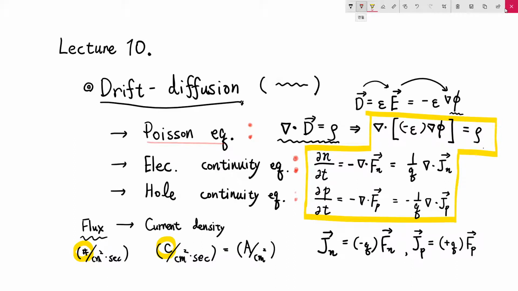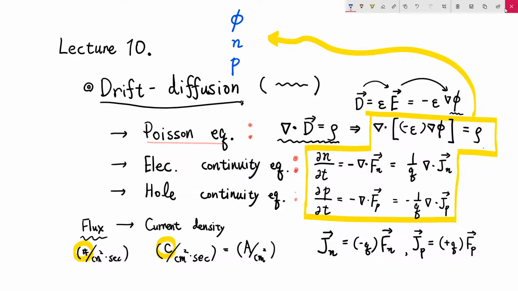For example, since the number of equations is 3, we have to consider 3 different unknown variables to make the system complete or determined. The usual choice is the electrostatic potential phi, the electron density n, and the hole density p.